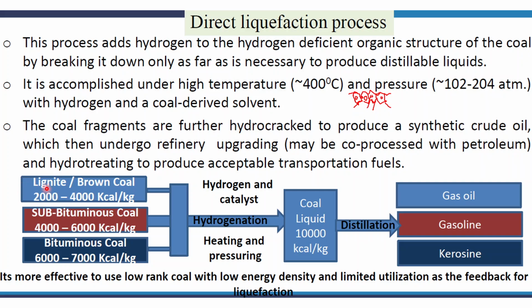So here we are basically using low rank coal, that is lignite, subbituminous and bituminous. We will be doing the hydrogenation of coal at high temperature and pressure, and after distillation we will be getting gas oil, gasoline and kerosene.